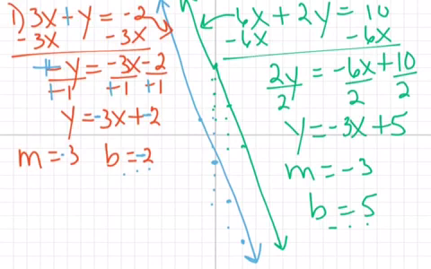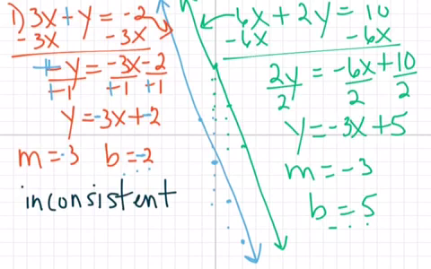The two lines never cross, so our answer is inconsistent. They never cross. Crossing is the only way to have a solution, so there is no solution.